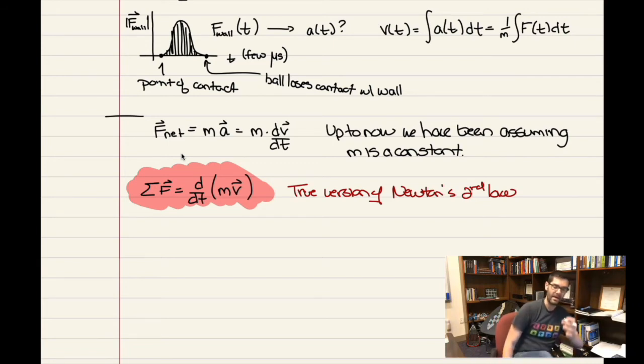In that case, the mass m would not just pop out of the derivative. You would have to use the product rule, and that might be something like v times dm/dt plus m times dv/dt, which is not just F equals ma.